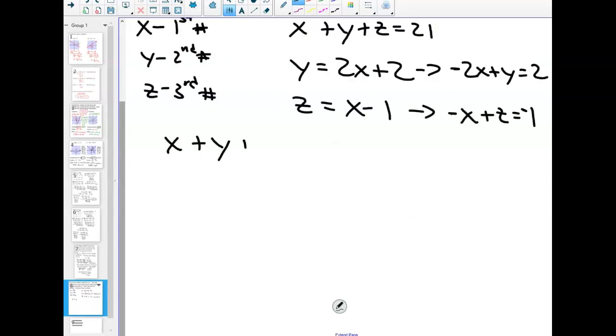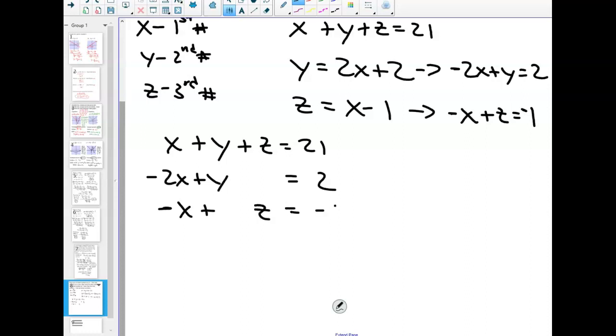X plus y plus z equals 21. Negative 2x plus y equals 2. Negative x plus z equals negative 1. Now I would either try and get rid of the y or the z, and I would try and do it with one of the equations where one of the variables is missing.